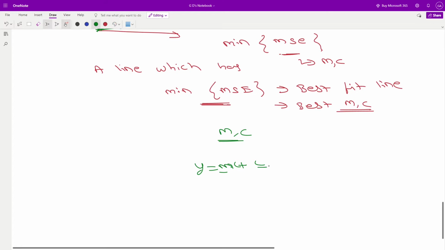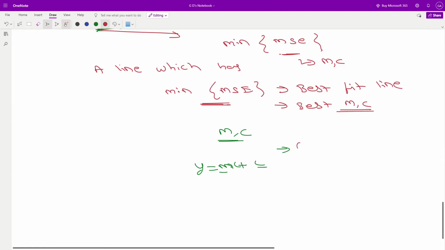But do you think that will work? No, because it will take years to find the best m and c values if you do it like that. If you have a large data set, it will take a huge amount of time. So what is the best way? The best way is to use a concept called gradient descent.